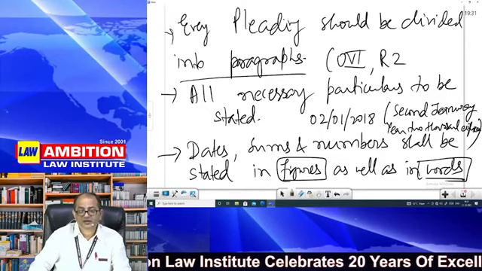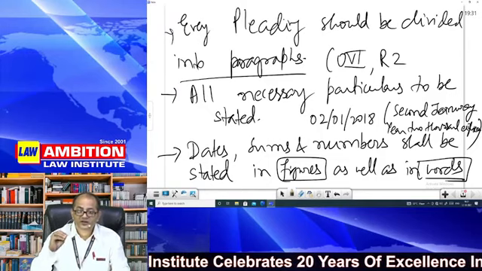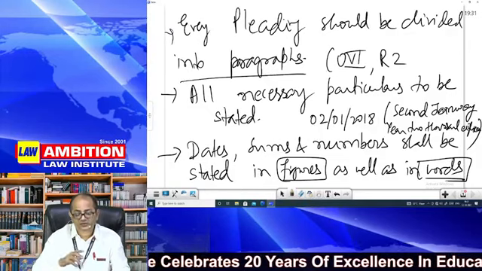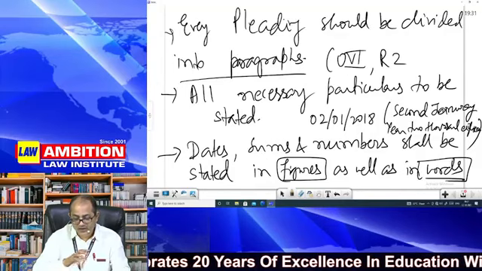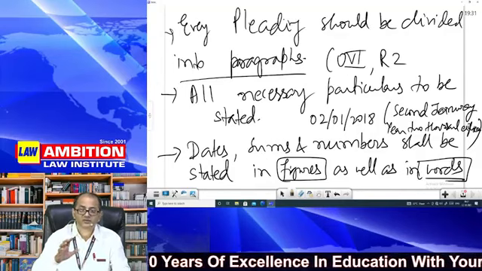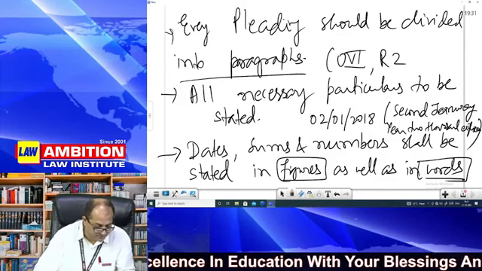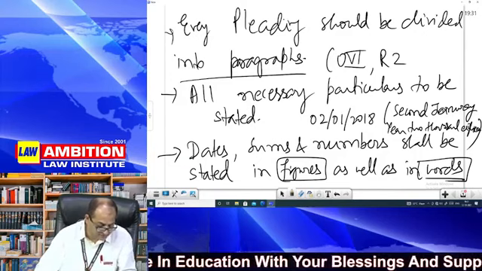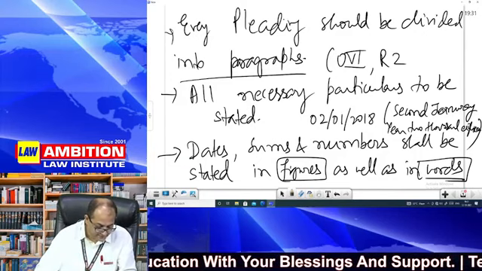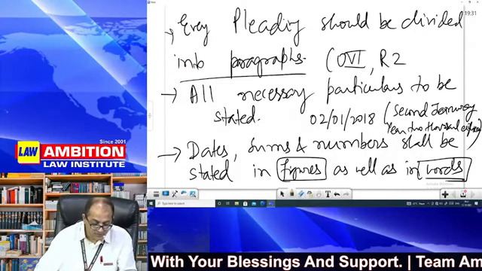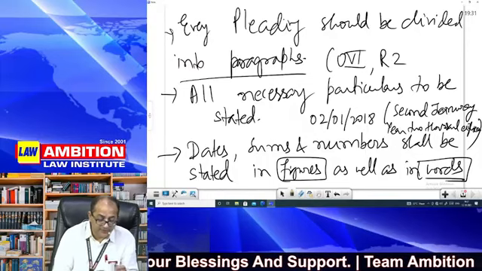So that is the relief which you can claim. If there is fraud or undue influence or coercion, you can state that fact in your pleading. That is how the court will give you relief and on what basis the court will give you relief. Is this clear? So this is the basic rule in pleadings.